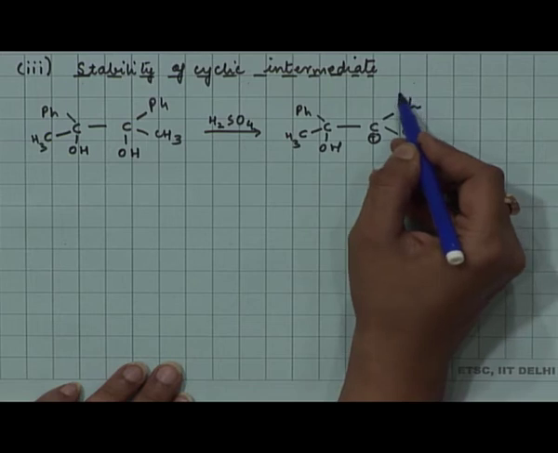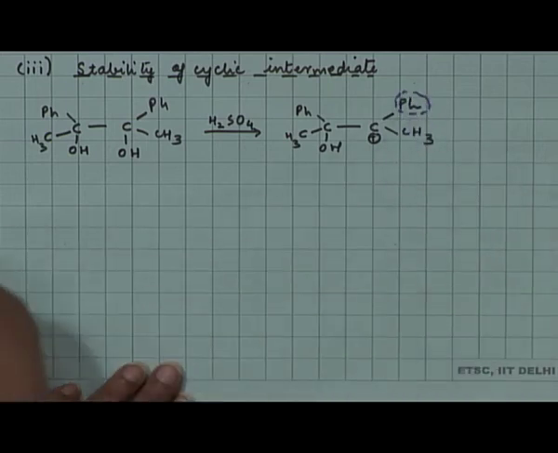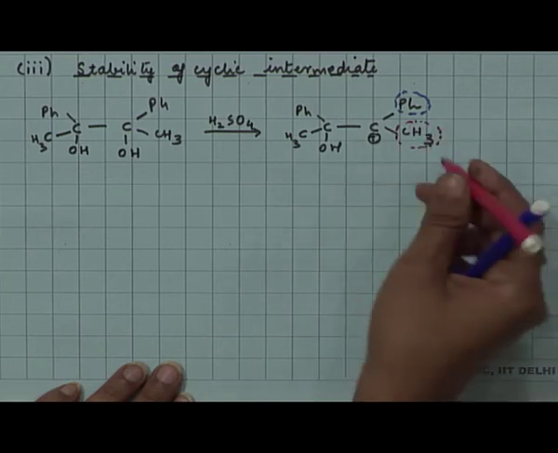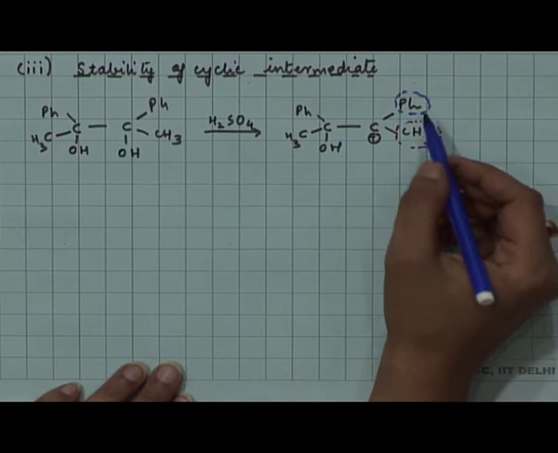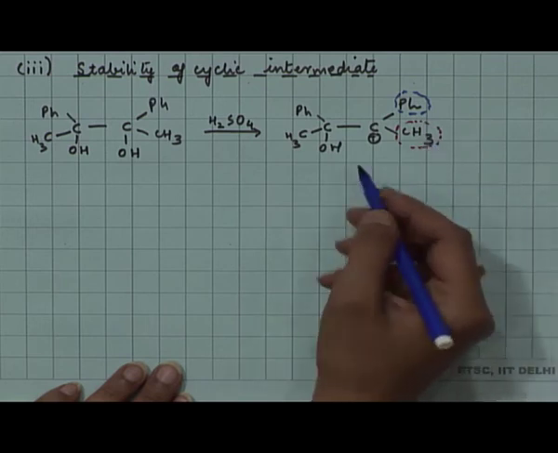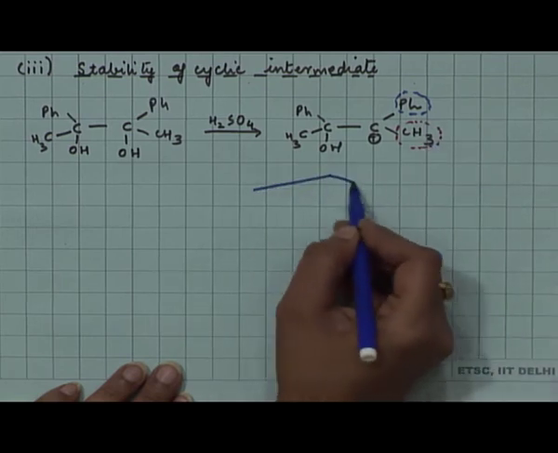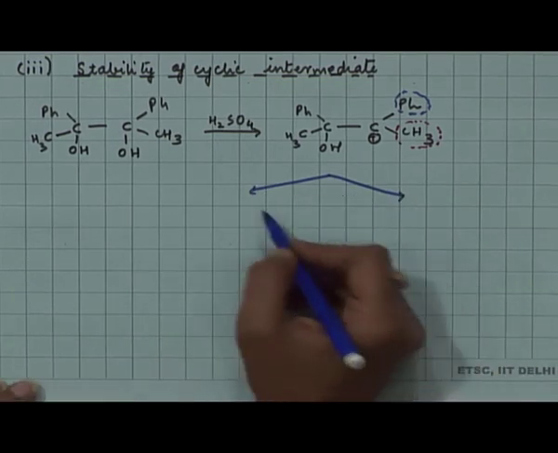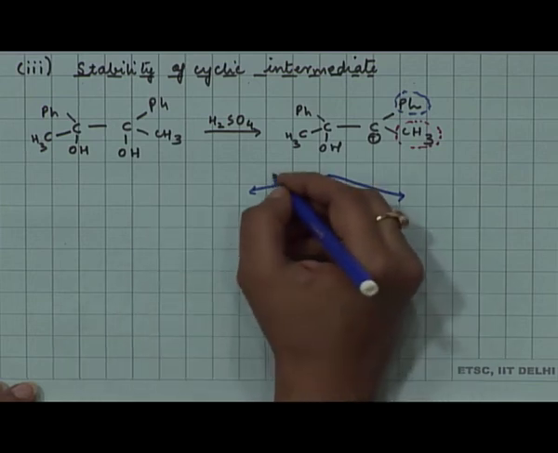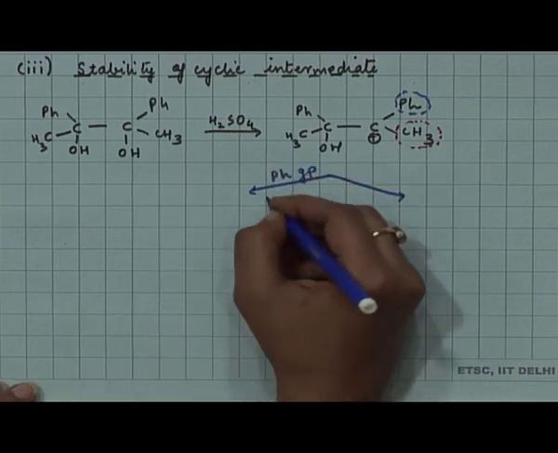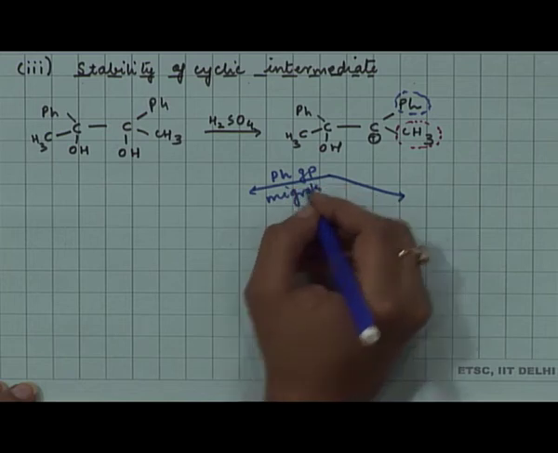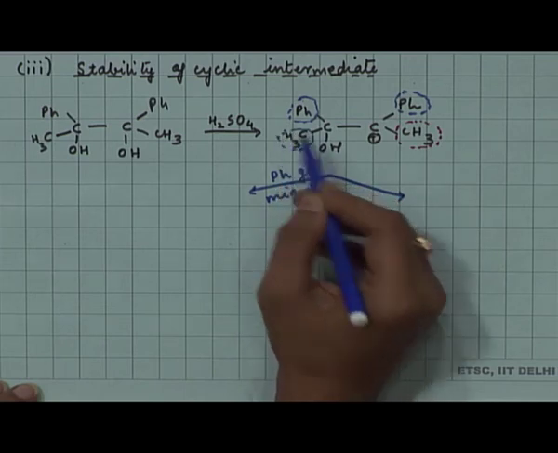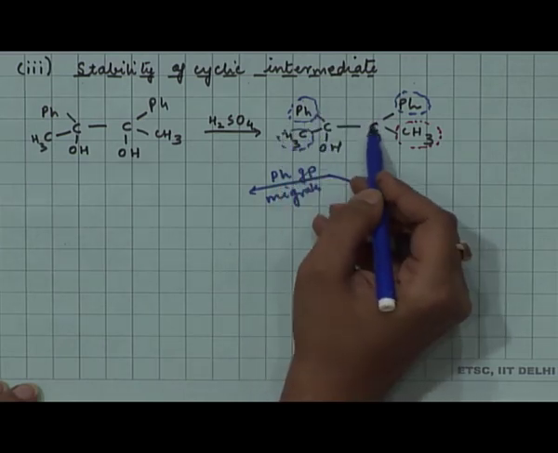Now, the question is between the phenyl and the methyl, which is the one that migrates. We are talking about the electron rich group migrating, but between the two, whichever migrates, what is going to be the effect on the nature of the cyclic intermediate which is going to get generated. So, if the phenyl group migrates, any of these two will migrate on this carbon.